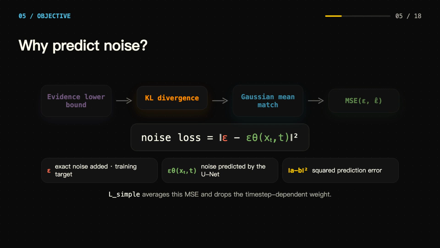Kullback-Leibler divergence measures the difference between those distributions. Once the variance is fixed, the Gaussian KL term becomes a weighted squared error between their means. Expand the means, and that difference is proportional to true noise epsilon minus predicted noise epsilon theta. The authors then remove the time-dependent weight to obtain L simple. This is an empirically motivated reweighting, not exactly the original evidence lower bound.